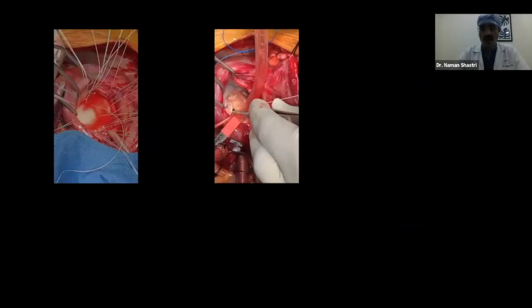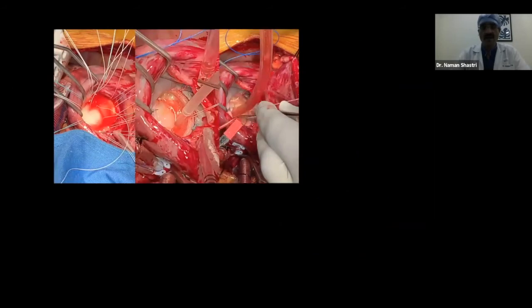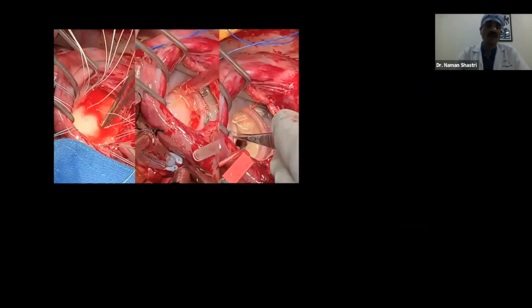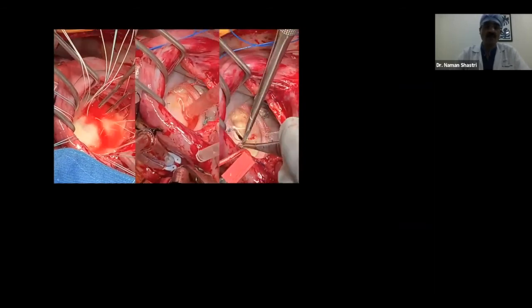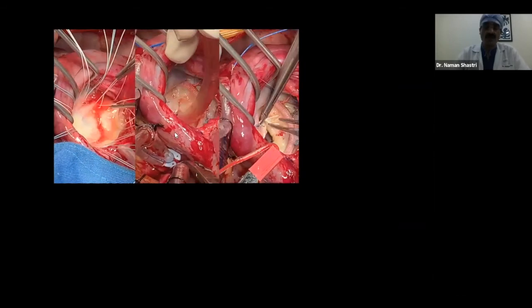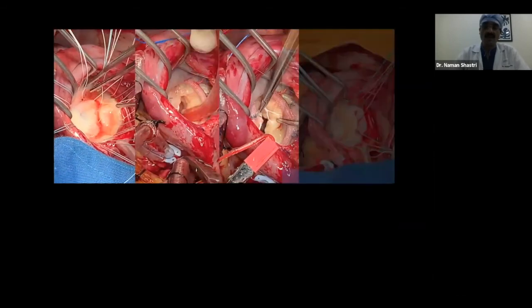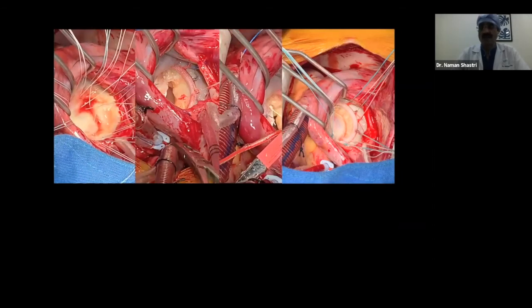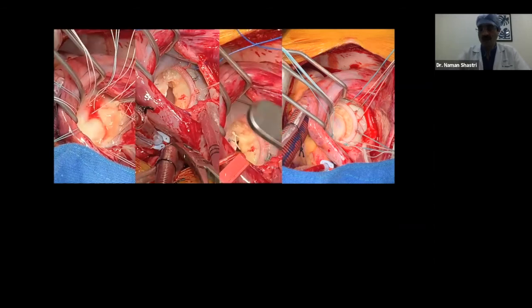The surgeon goes back, and you can see very nicely the jet which is coming from the posterior commissure, the A3P3 commissure. Then the surgeon takes the stitch, which is called the commissure stitch, and we can see a very nice smiley of the mitral valve annulus, and we can do a very good repair.